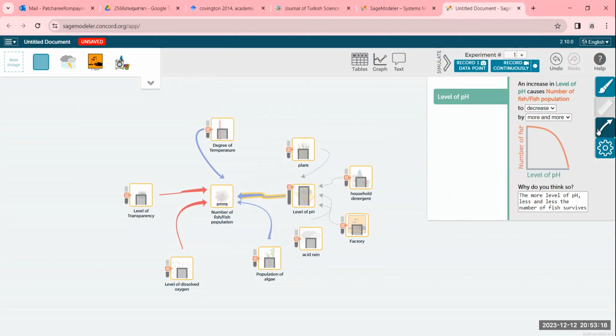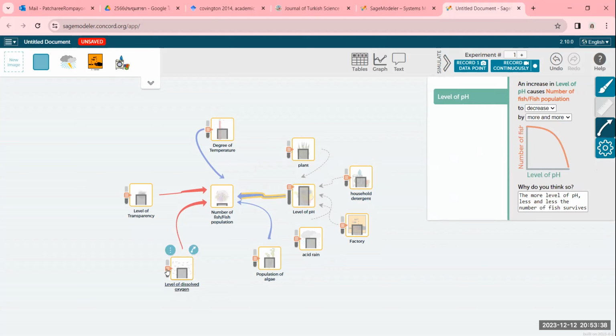And when we get to the next group, they're going to show what they chose. Okay, do you want to pick one or two other variables and talk about them? Yeah, the other variable is the level of dissolved oxygen.